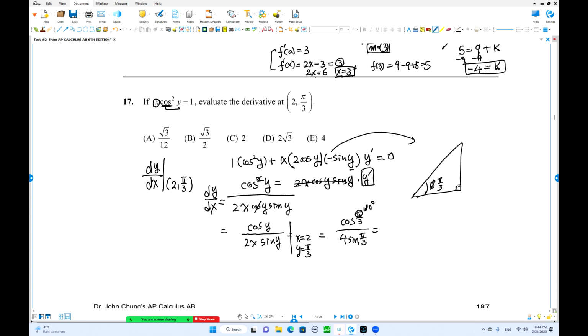That's a special triangle: 2, 1, square root 3. So cosine pi over 3 is 1 over 2. 4 times sine pi over 3, opposite over hypotenuse, radical 3 over 2.